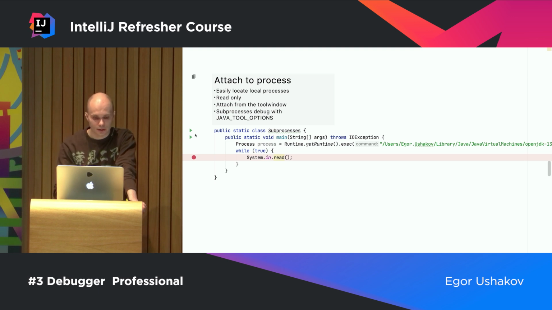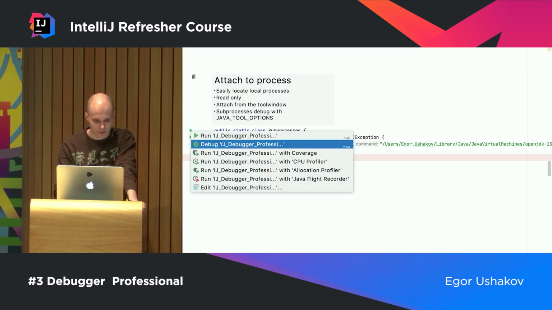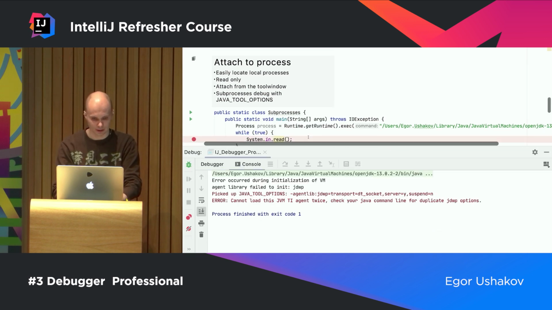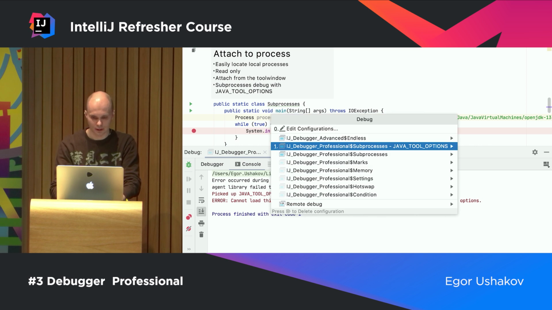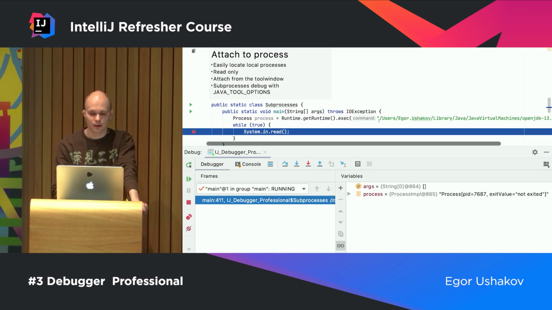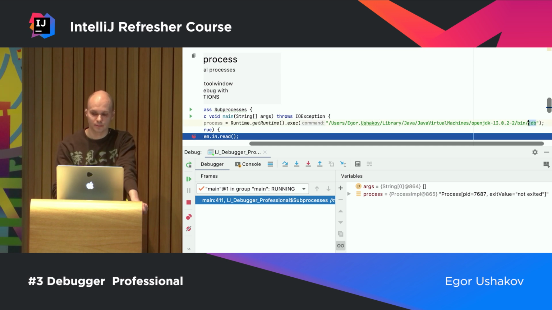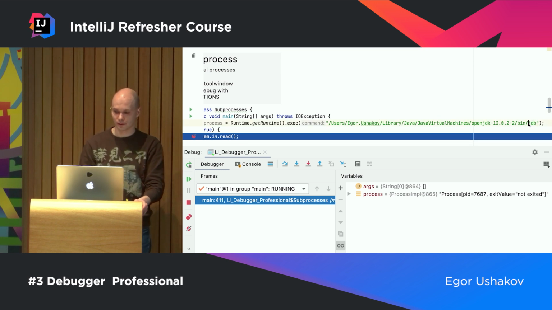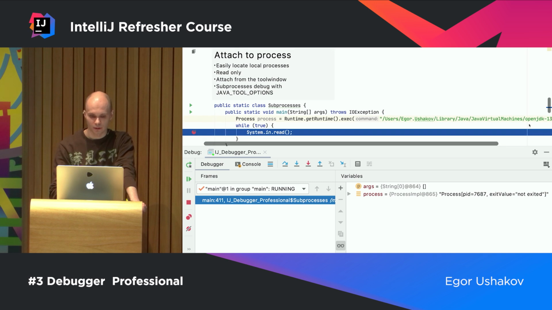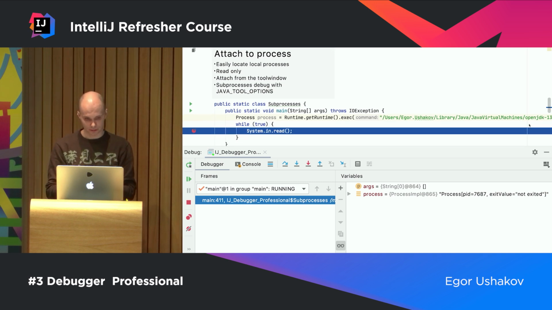So consider this simple application which runs the JDB. JDB is a command line debugger from the JDK. So I just use it as an example of the process which waits for the user input here.